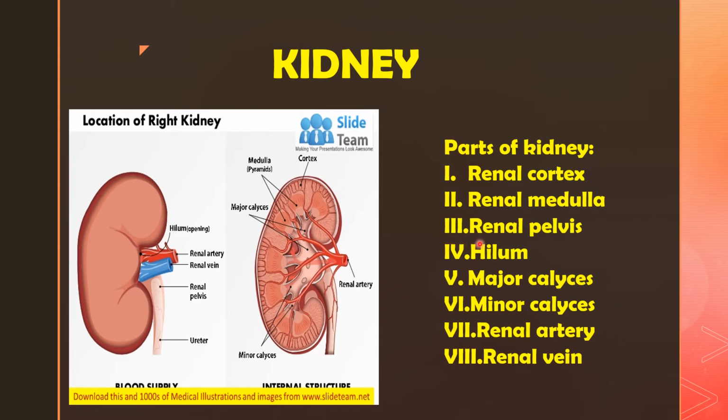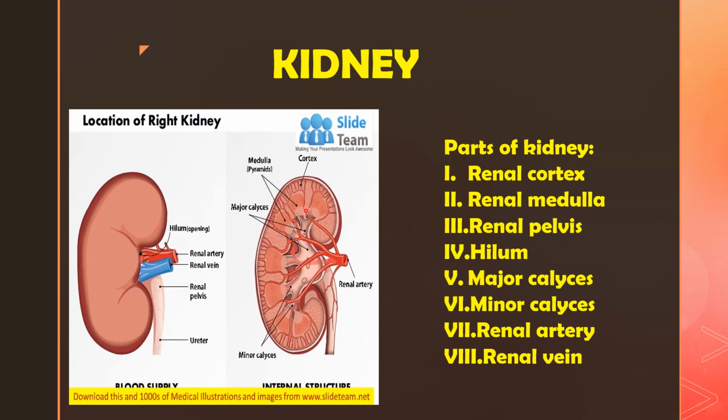Number 3, renal pelvis. This one and that one, this tube-like structure. Number 4, hilum. This one is hilum. Hilum is a junction between the kidney and the renal artery and vein.